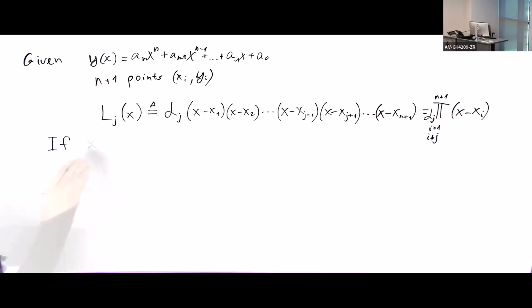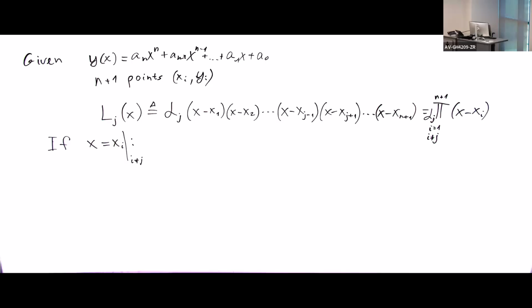If x equals xi, and i not equal to j, what happens to the polynomial? So if x equals xi here, so I have xi, xi, xi, and so on, not equal to xj, i not equal to j, it will be always zero.